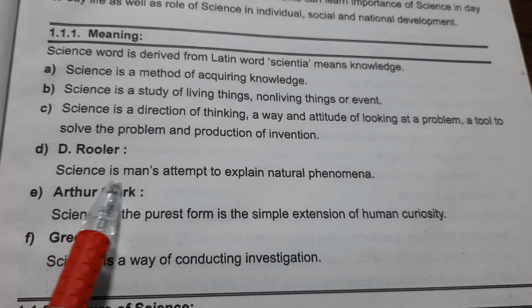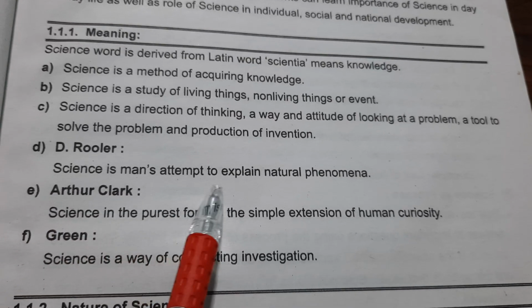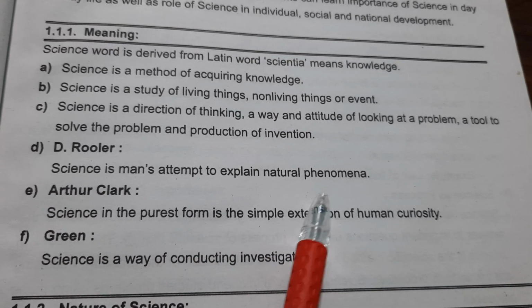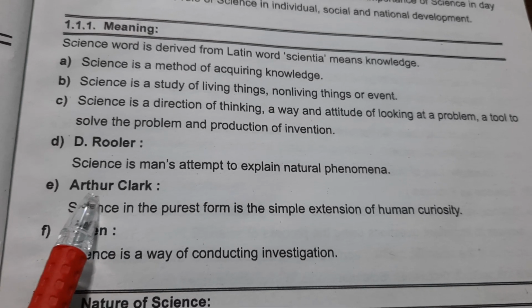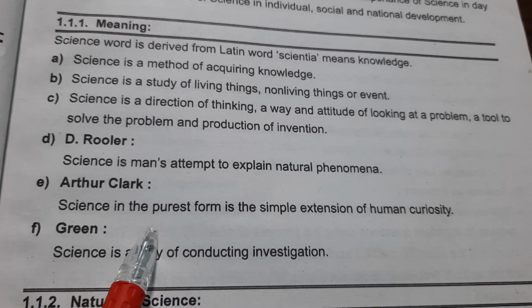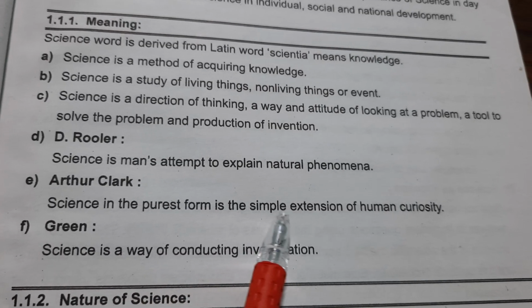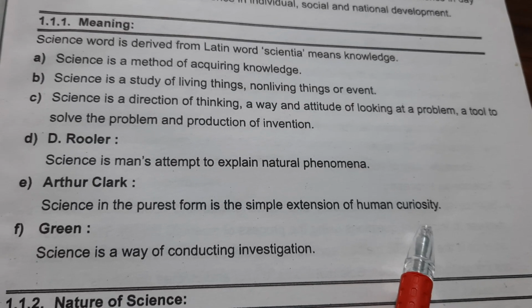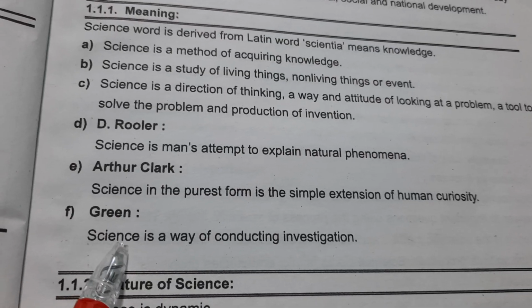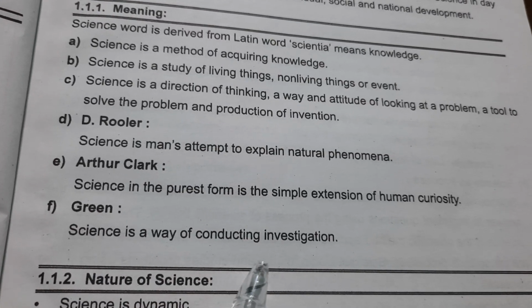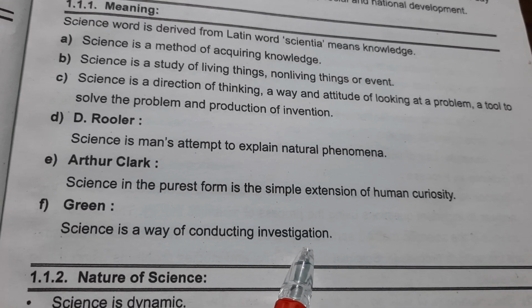By D. Roller, science is man's attempt to explain natural phenomena. By Arthur Clarke, science is the purest form, the simplest extension of human curiosity. By Green, science is a way of conducting investigation.